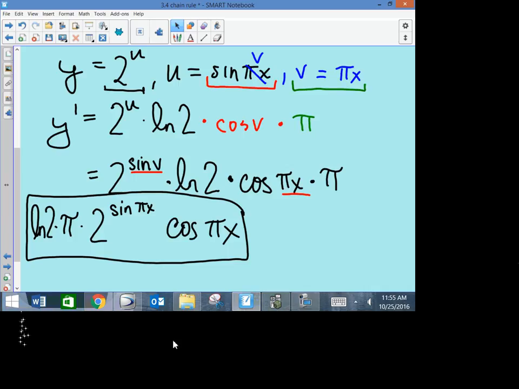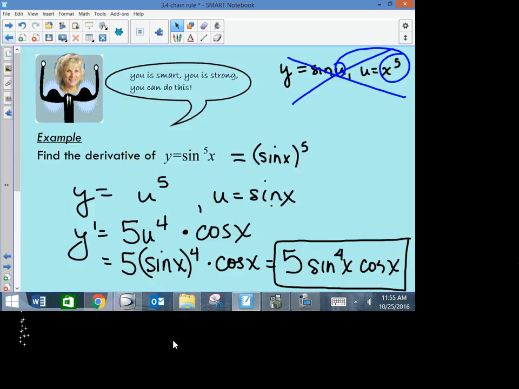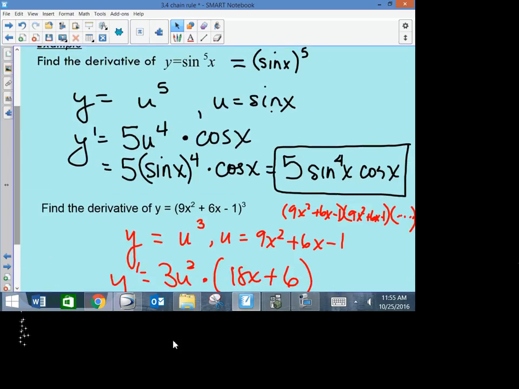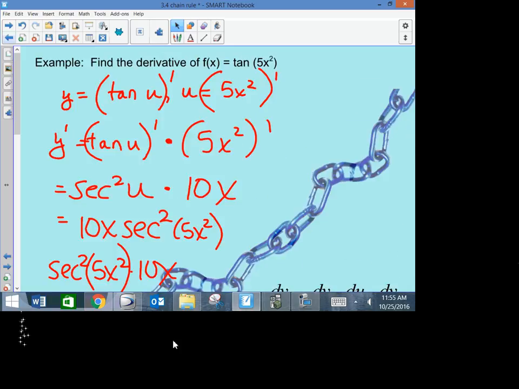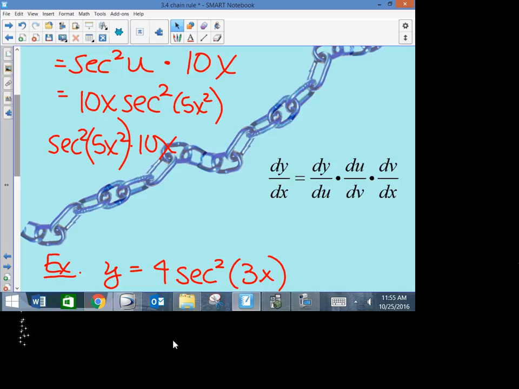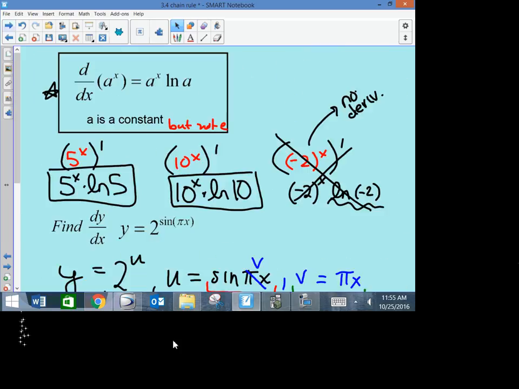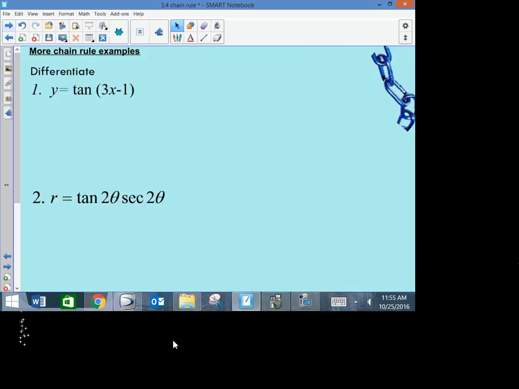Usually I put the constants out front, if you've been noticing, so then I don't have to put the dot. Otherwise you have to put a dot. These are the same problem. Okay, all right, here we go.